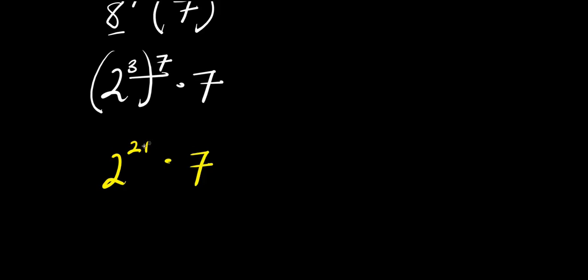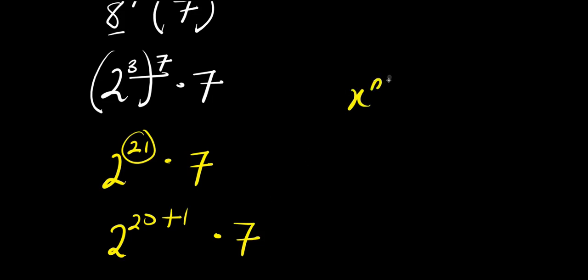Now from here, I can express 21 as summation of 20 and 1. We have 2 power 20 plus 1 times 7. Now, if you have x power n plus n, this equals x power n times x to the power of n.